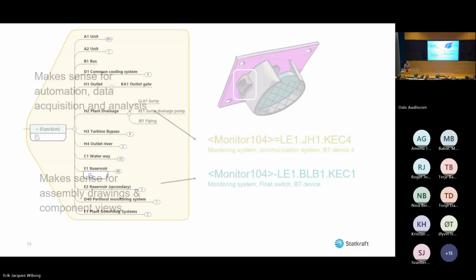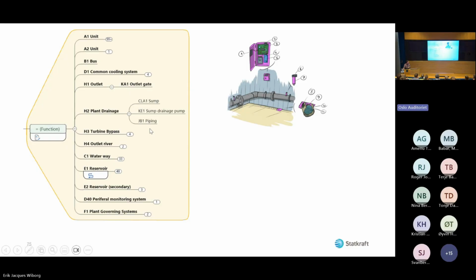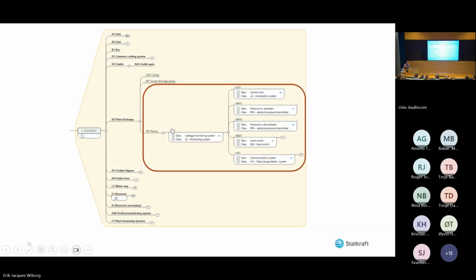Again, as we look into our big power plant structure, you have your drainage system here, this H2, and your piping, and you want to attach your system to your piping, so you have your structure and you'll click it into place. And then you have the bigger picture of everything.